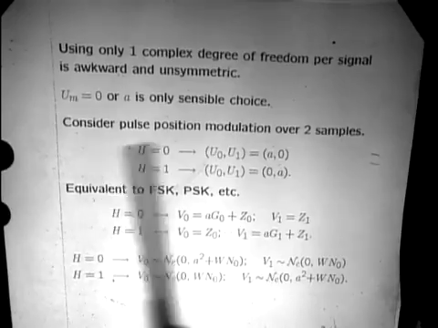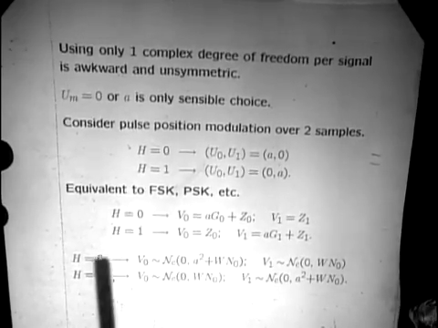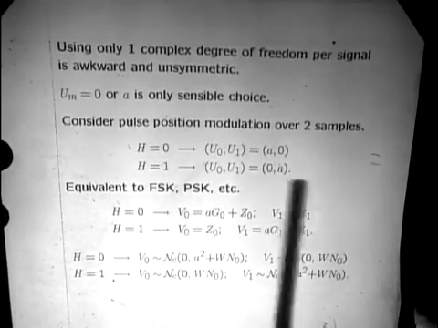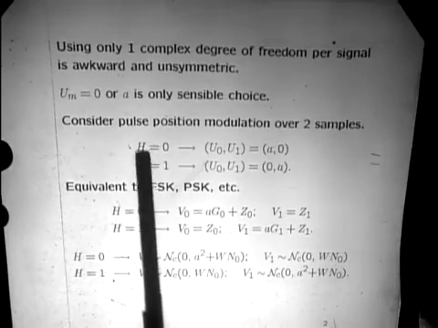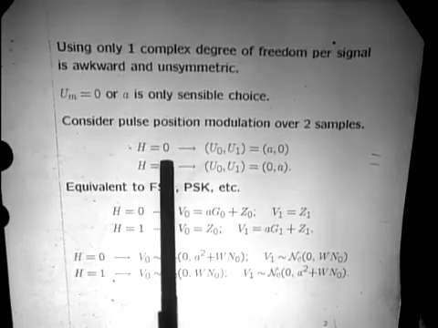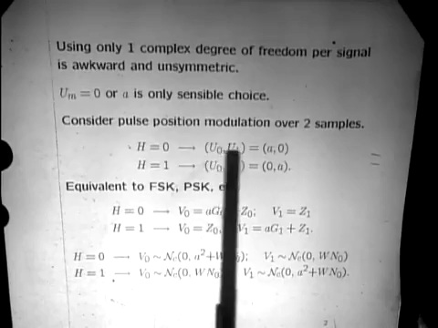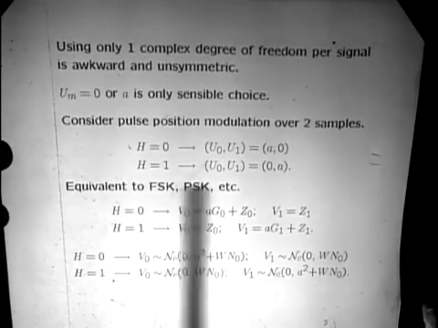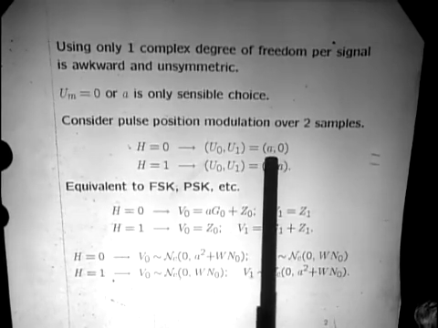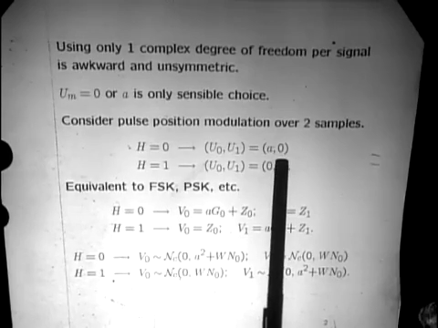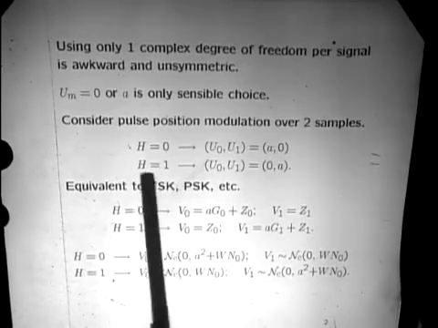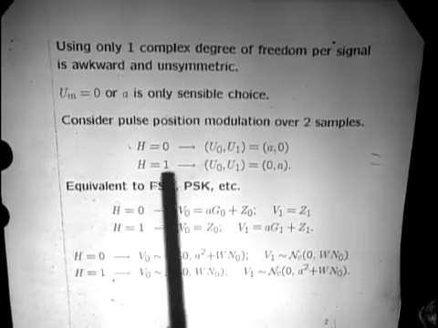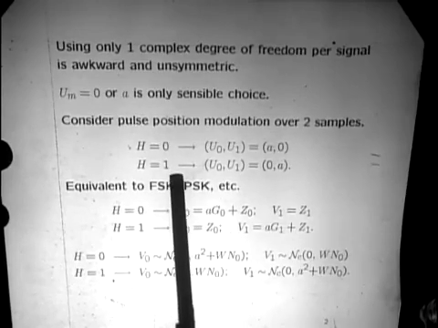And the thing that we're going to analyze, because it's the easiest thing to do in this discrete time model we've developed, is to think of modeling hypothesis 0 as sending two symbols, U0 and U1. We'll make U0 equal to A and U1 equal to 0. In the alternative case, if we're going to try to send input 1, this is binary transmission.